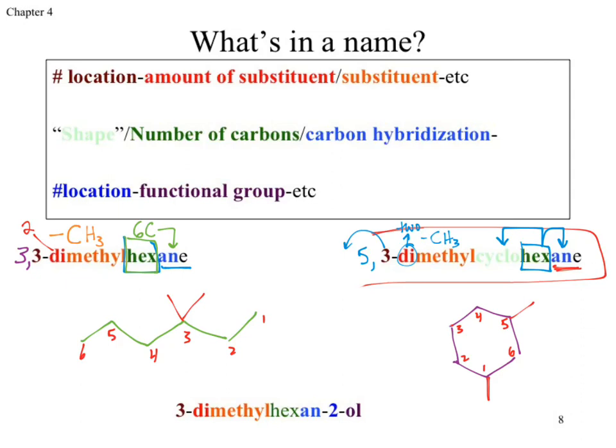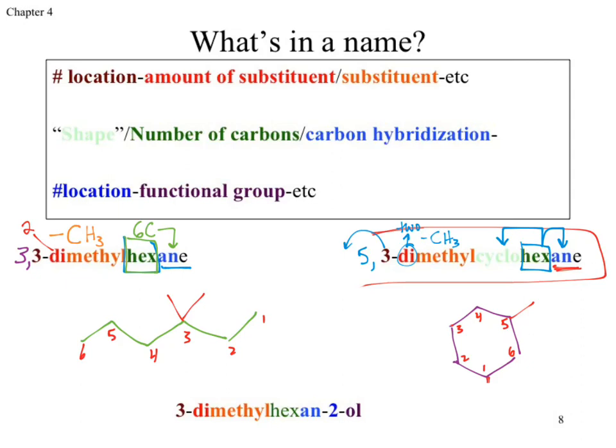Next issue. When we deal with rings, our substituent first and foremost goes to what position? 1. Your very first substituent on a ring will always go to position 1. So if you were given the name 3, 5, is that an appropriate name for this structure?